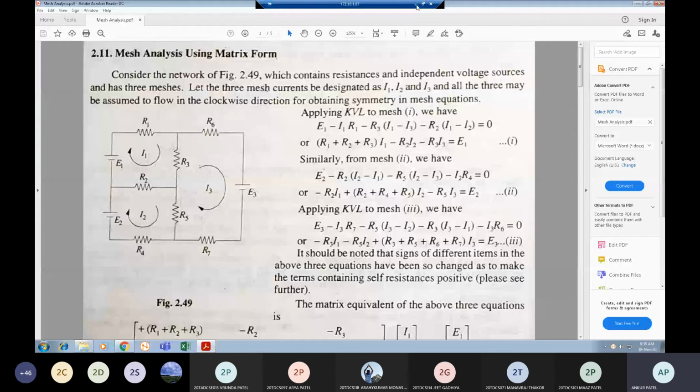Does anyone have a doubt about applying KVL? No, sir. Now here you can also apply it like this. Already the sign is changed by transferring the terms, and 0 is given on the other side.